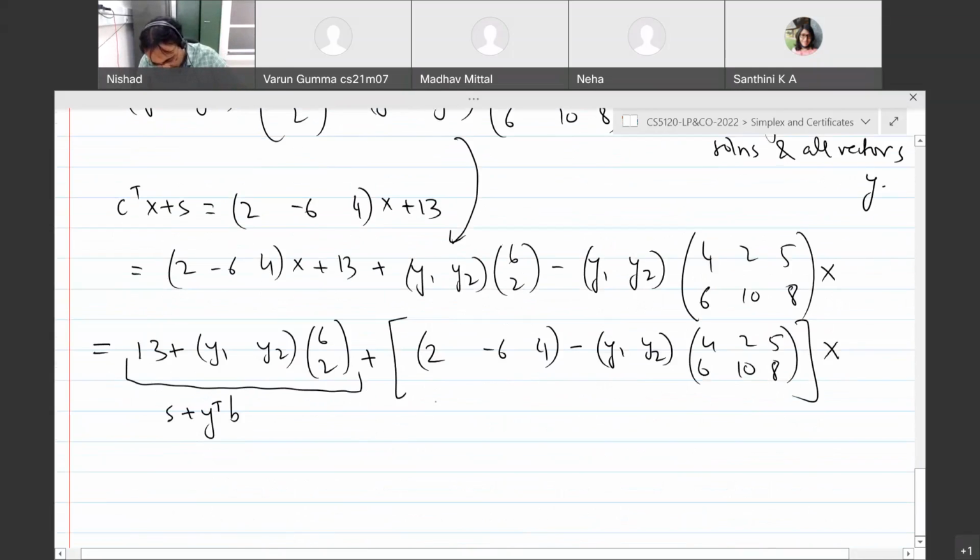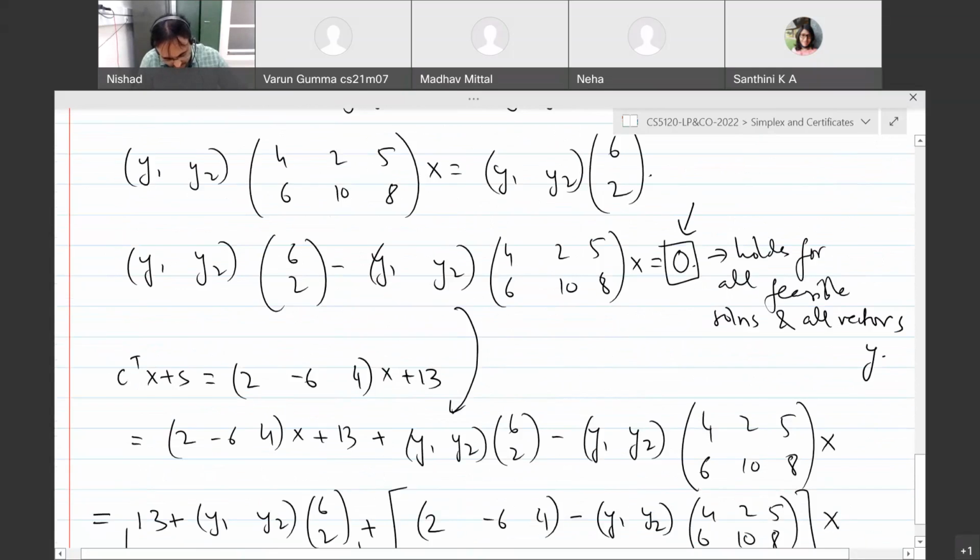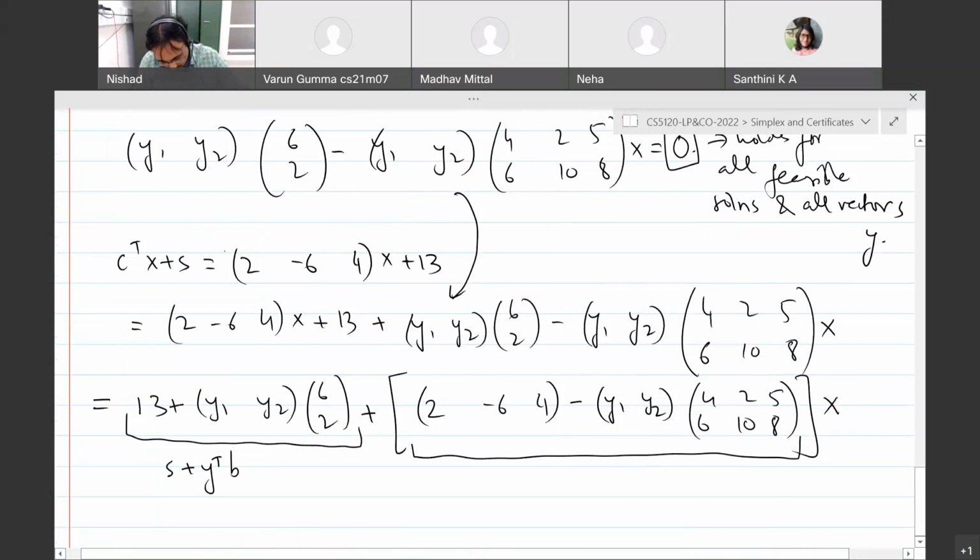This part here is our original objective function, 2 minus 6, 4. So this is C transpose minus Y transpose A. Okay, that's all we have done.